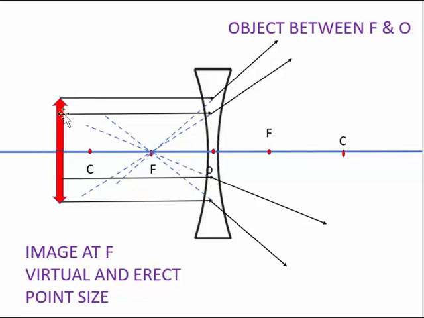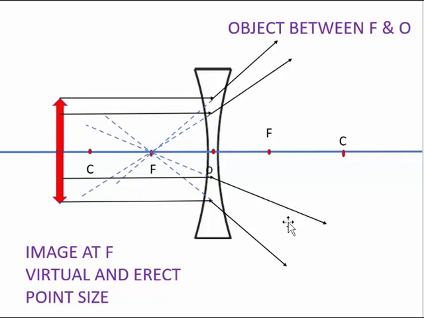The second light ray which is traveling parallel to the principal axis again seems to be diverging like this. If I consider an inverted object something like this, again the rays initially will be going parallel to the principal axis, and after refraction they will be diverging. So any number of rays you consider in case of a concave lens, you will find that all these rays will be actually diverging.